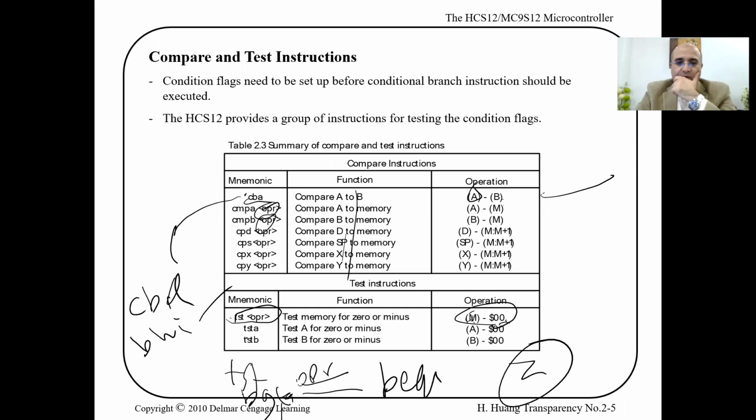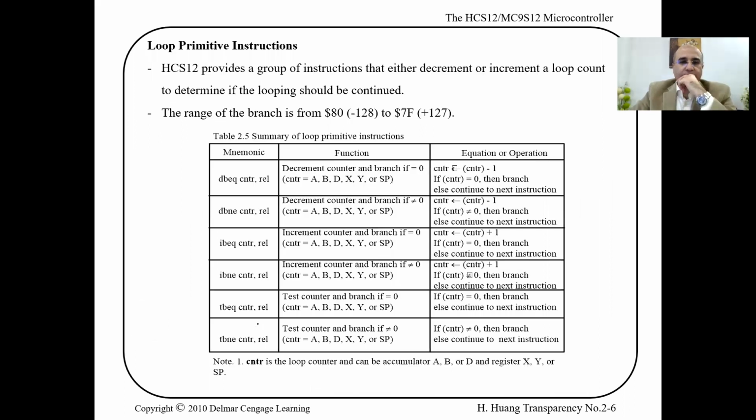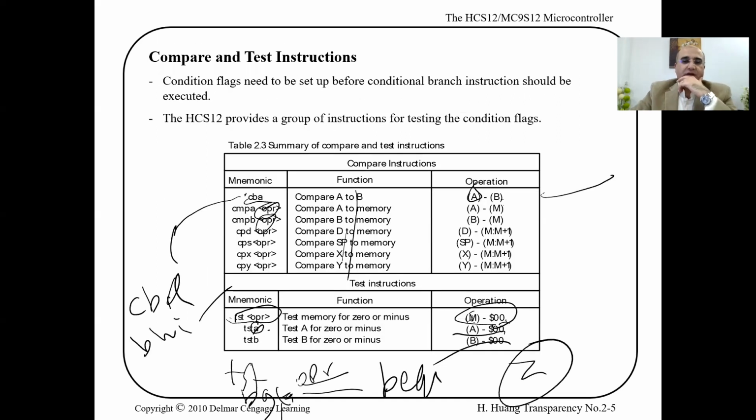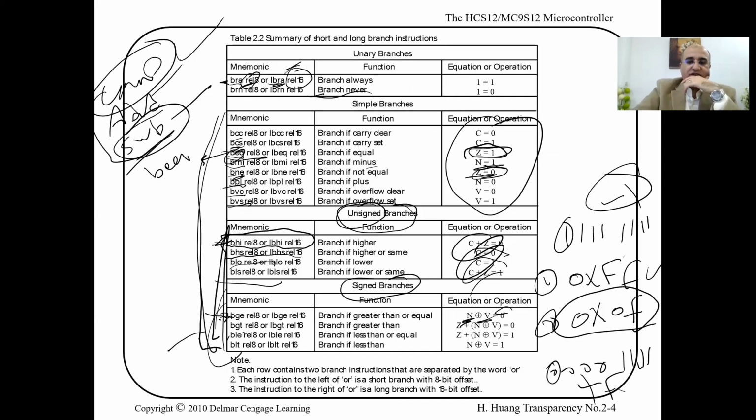Test A, you test A against 0. So you subtract 0 from A or B, to test if A is 0 or not, or negative or positive. So you compare or test, then you use a branch instruction.